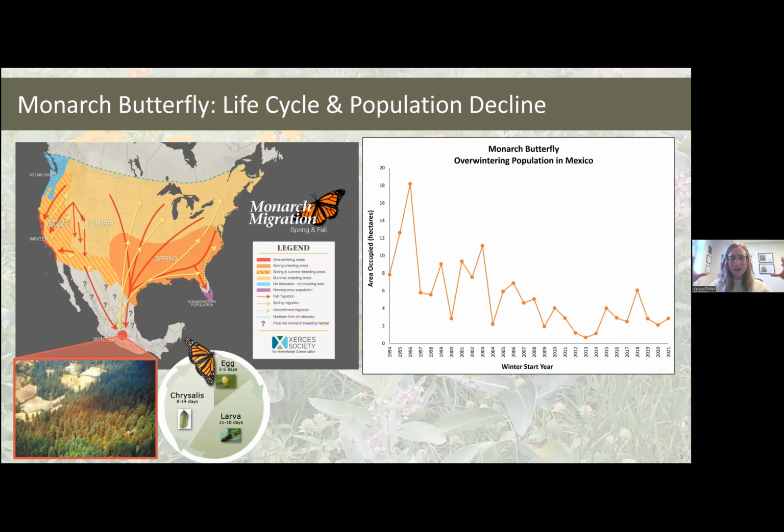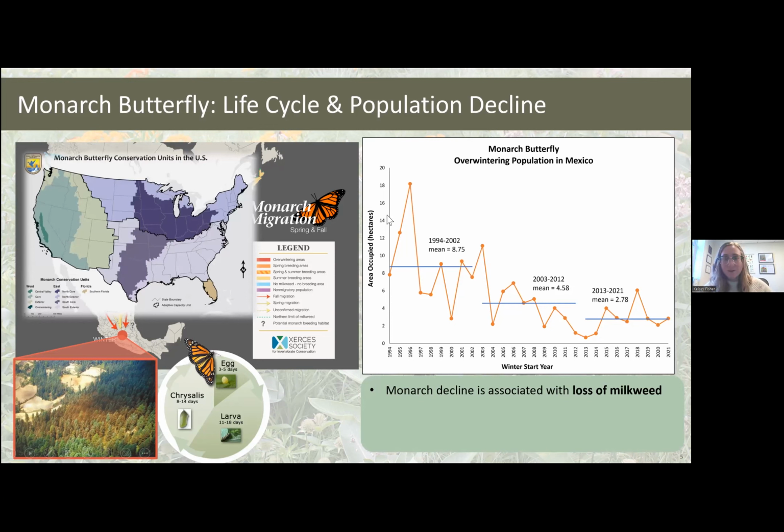And because they try to huddle as close together, we know that they're always going to be huddled nice and tight. So more space means more butterflies. Since 1994, we've been able to get approximations of how big the area is that the monarchs are overwintering, and we can see that there is a decline in the overwintering numbers.